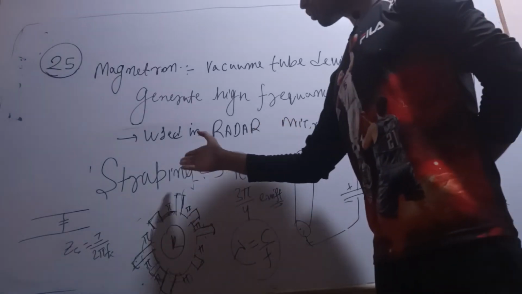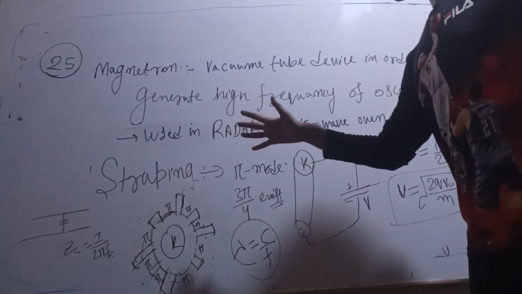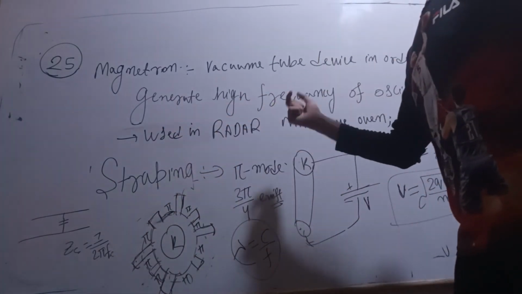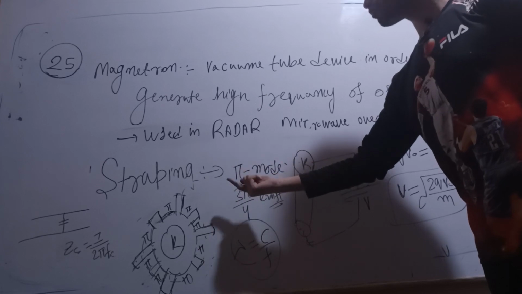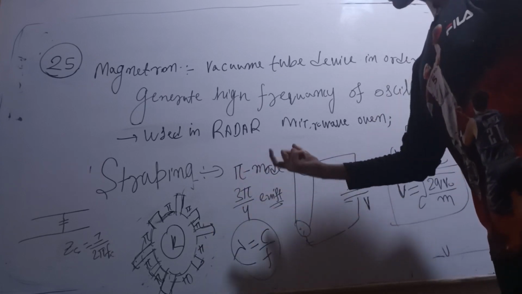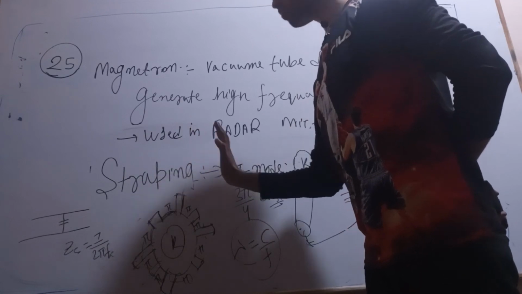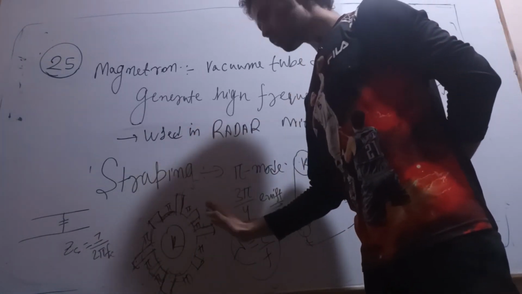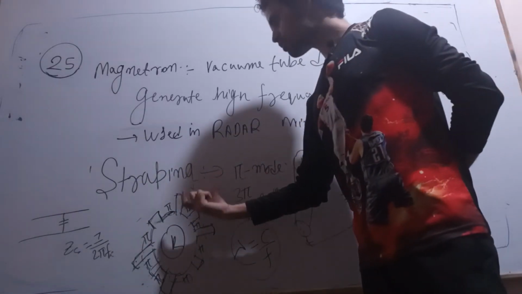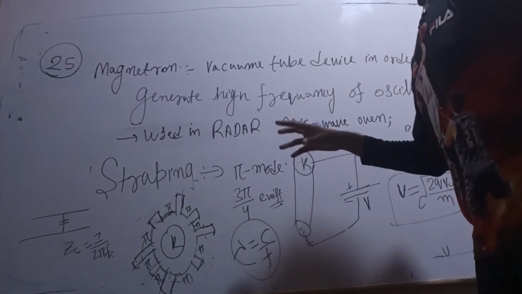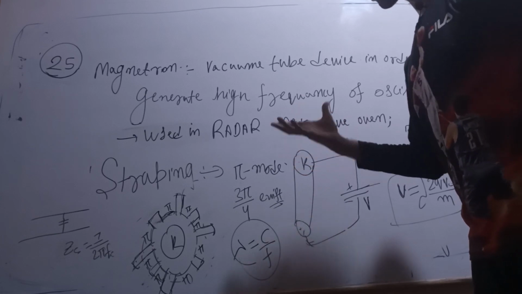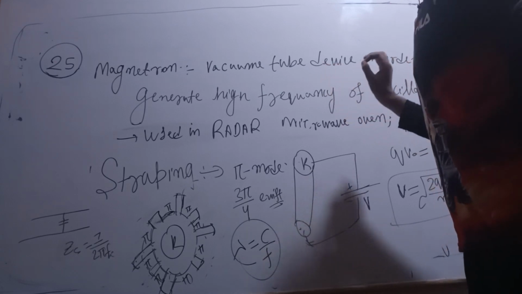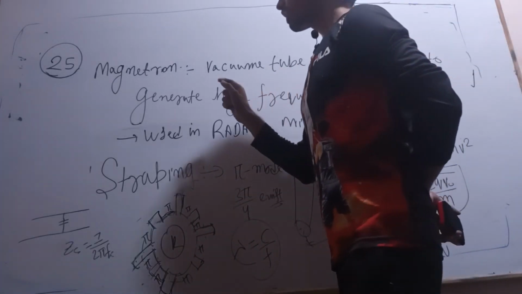In order to eliminate these losses, we go to the rising sun cavity. We can eliminate all these problems because there is no need of strapping. We can directly maintain the pi mode just by taking alternate cavities of different size. That is the solution in a magnetron.